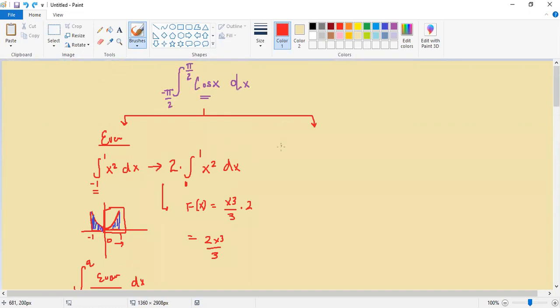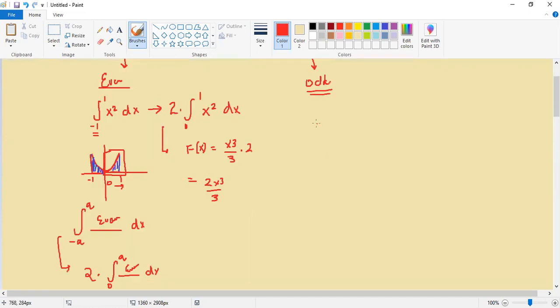Now, with the odd functions, it's a little different. So let me go ahead and cover the odd functions. For instance, if we had to find the antiderivative of, let's say, x to the third dx, the graphical representation looks something along the lines of this.